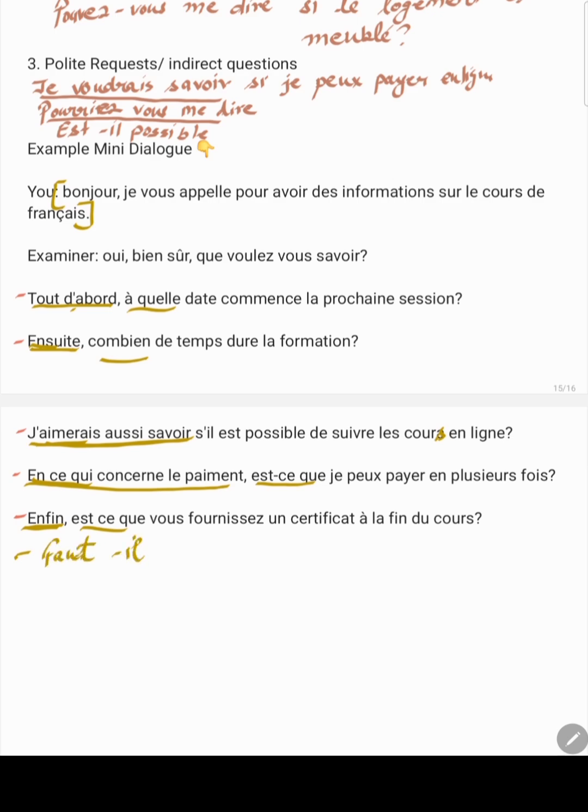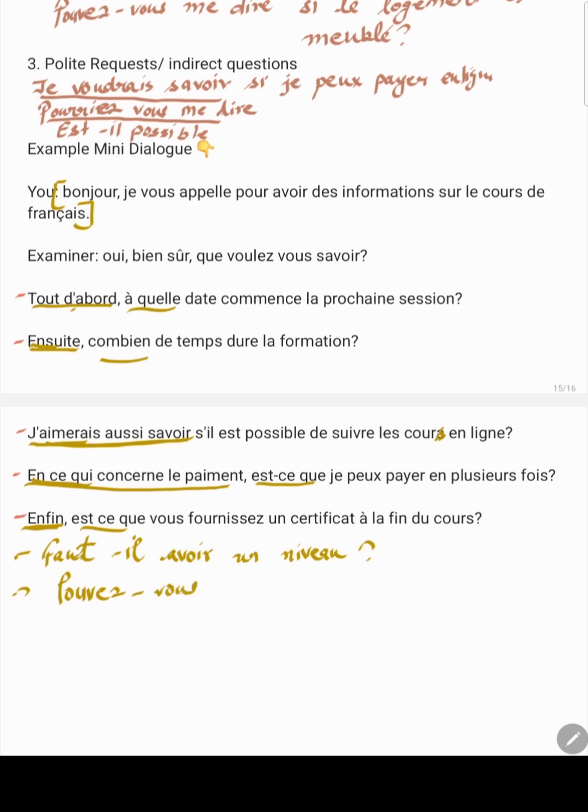Is it necessary? Faut-il avoir un niveau? Is it necessary to have a level already in French, right? You can ask them this kind of question. And you can just use a question like this.